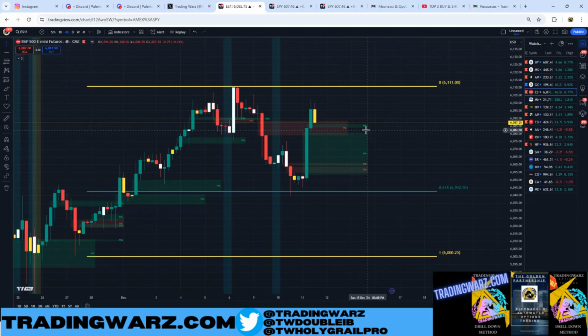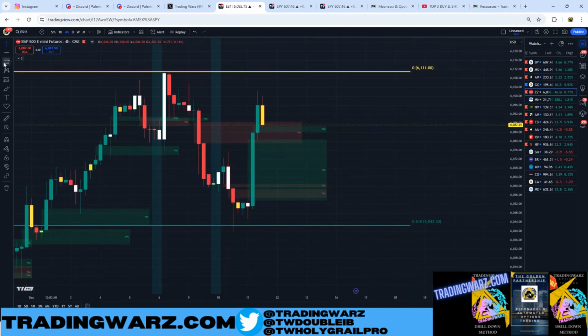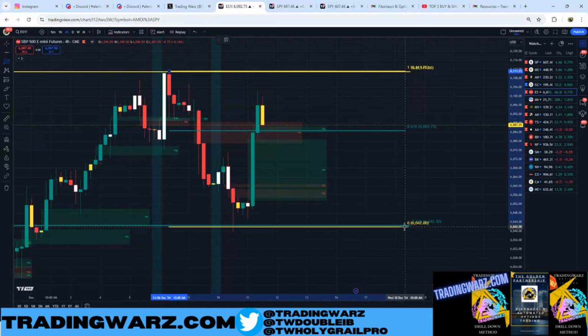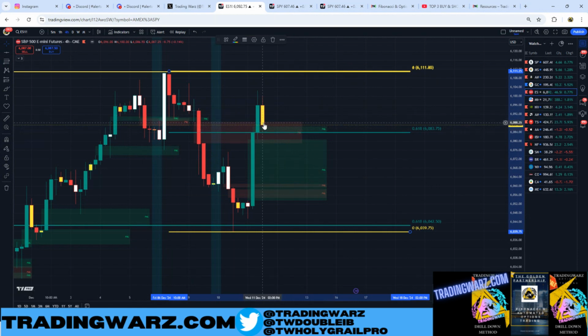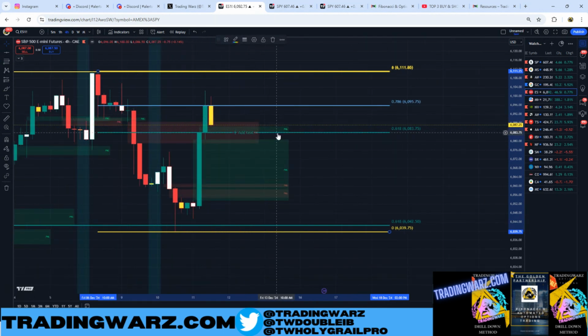And the reason why, if I drop these fibs here on the other side, so this is the futures market coming off of the high to the low, we broke through the 618. However, if I put on the 786, you'll see that we started to reject this. So when I saw that rejection, I told myself, all right, let me grab some of these puts just in case.